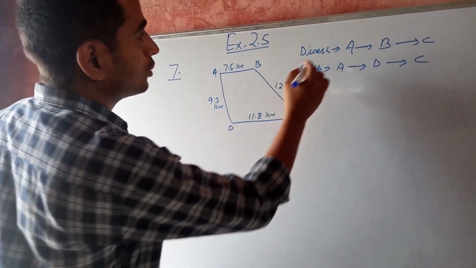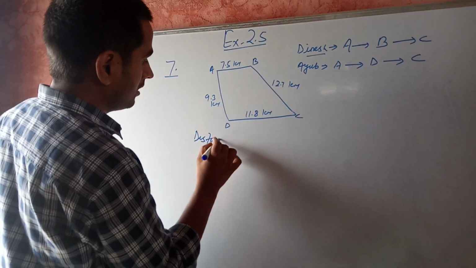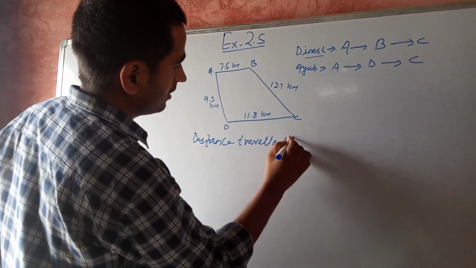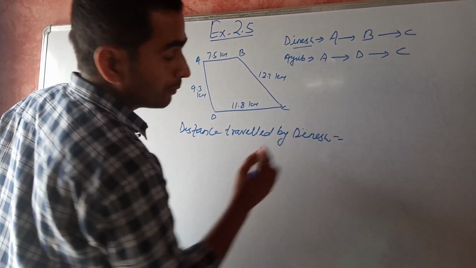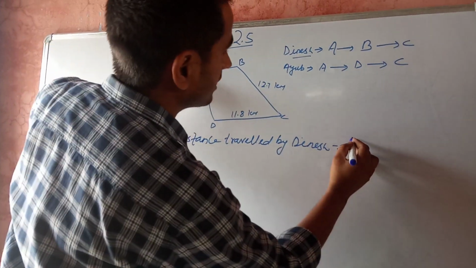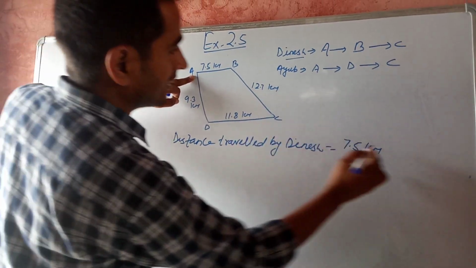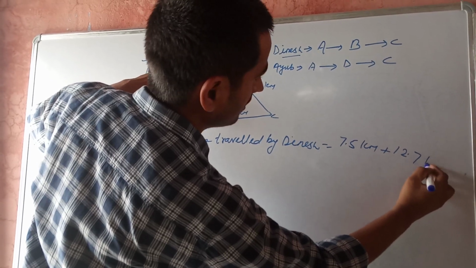So first we will find the distance traveled by Dinesh. I am talking about the total distance. From point A to B, that is 7.5 kilometer, plus from point B to C, 12.7 kilometer.